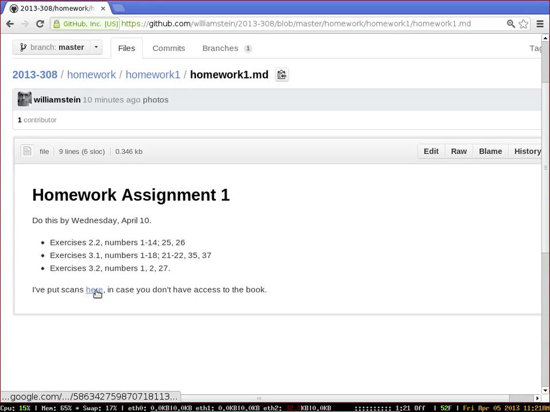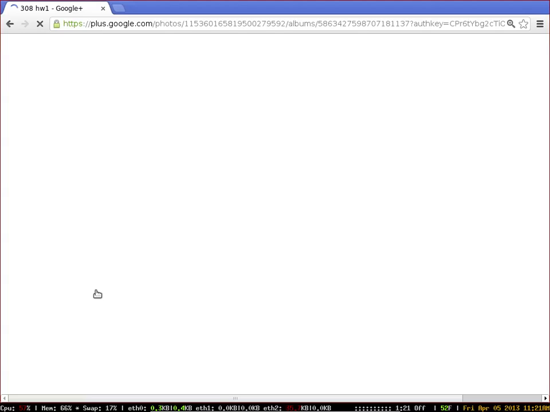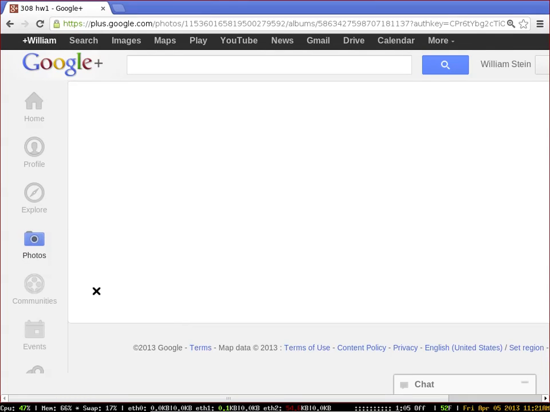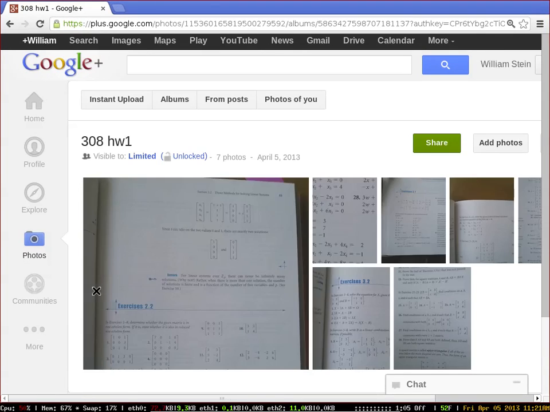And then I made a little link here, which goes to an album in my Picasa web albums, which is the problems for this particular homework set. So I just took pictures of those pages of the textbook that I had sitting in my office. Okay? So some people might find that useful.